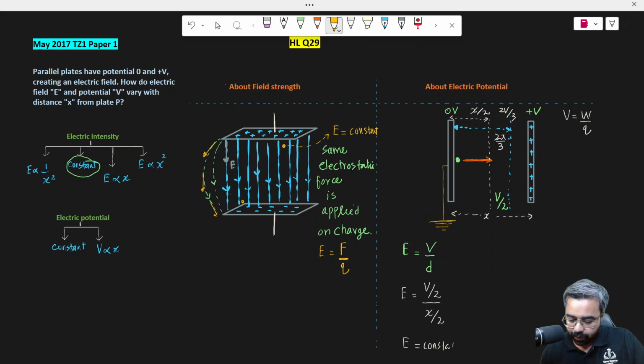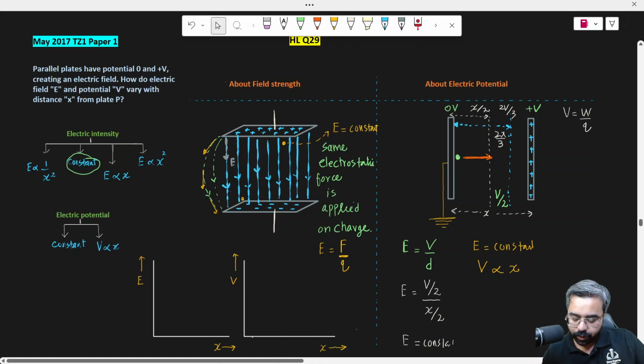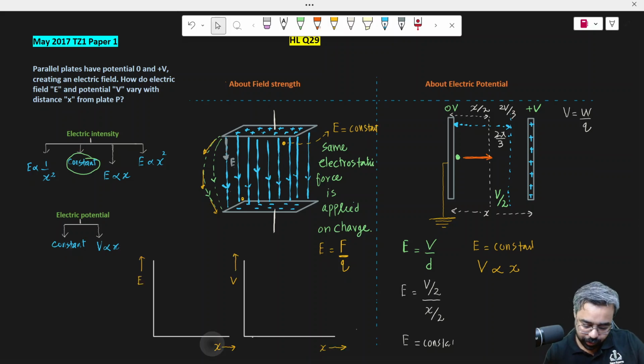So if E is constant, it means that V is proportional to x. Just the last thing, I want to show you the results in a graph. The electric field strength does not change, it is constant, if all the lines are parallel. And secondly, the potential changes uniformly.